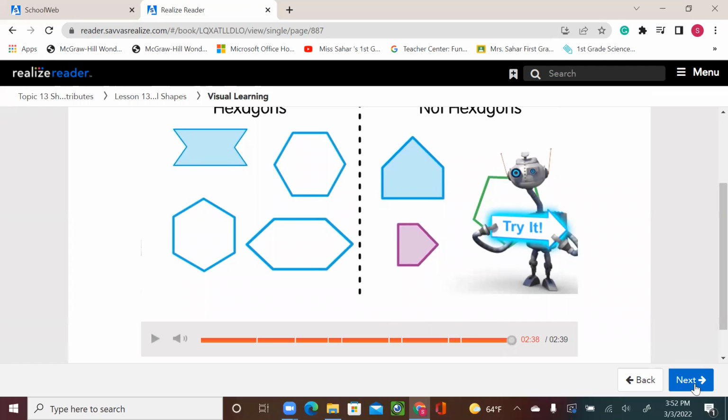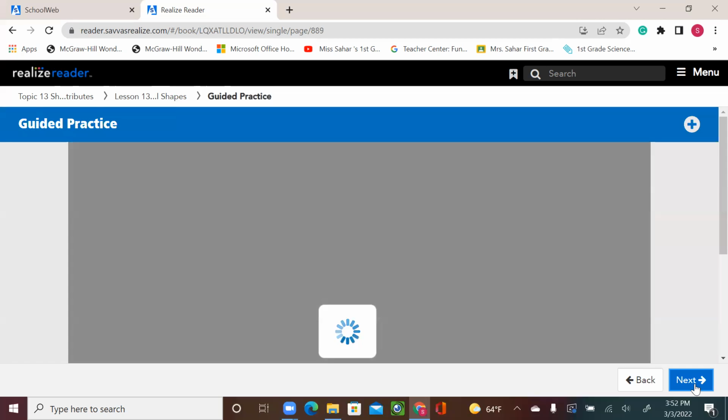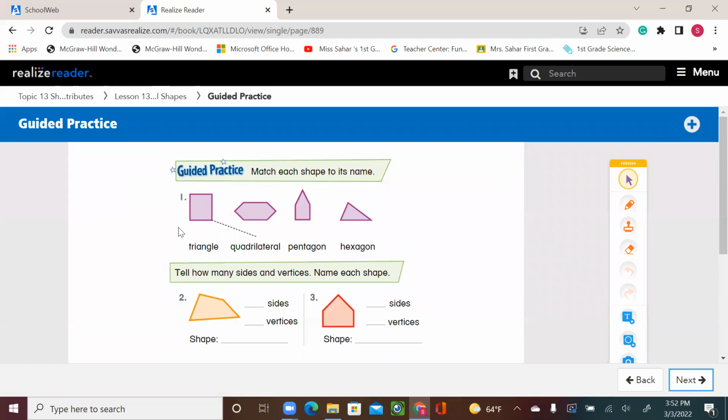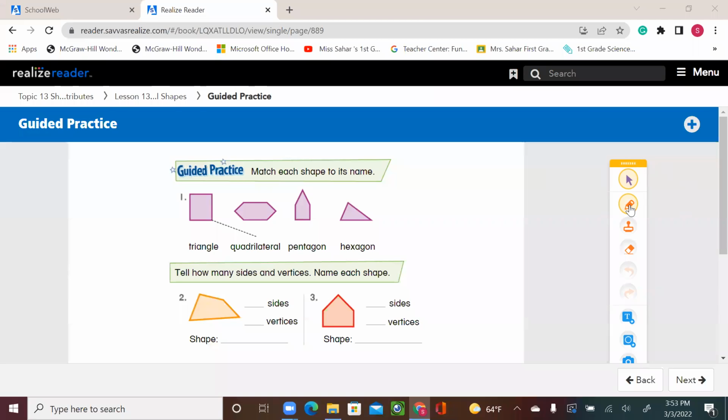All right, let's go to our guided practice, page 562, and do the first exercise. What do we need to do? Match each shape to its name.